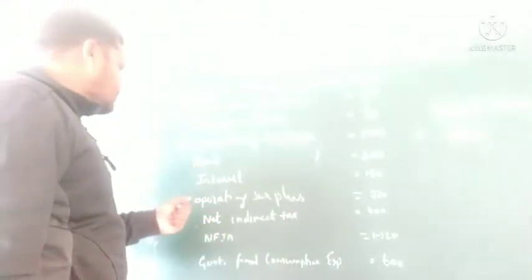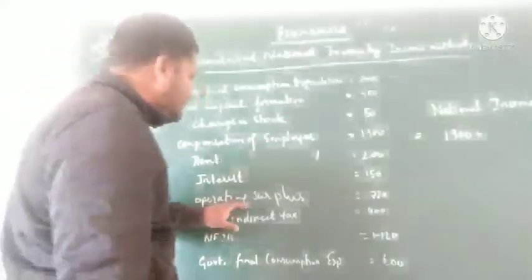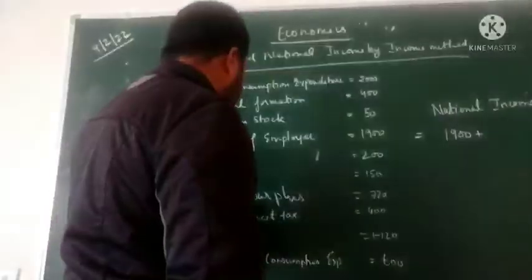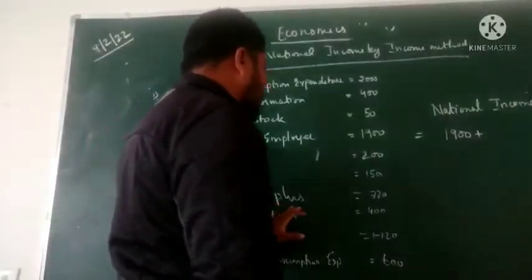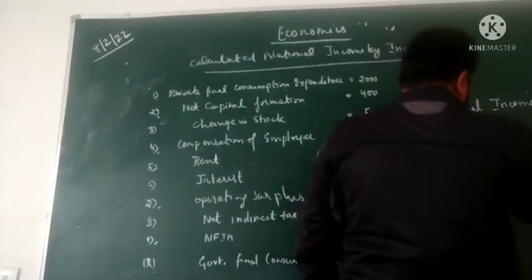next rent is also given, interest is also given, but here we can see the operating surplus. So under this we only take the operating surplus, that is 720.